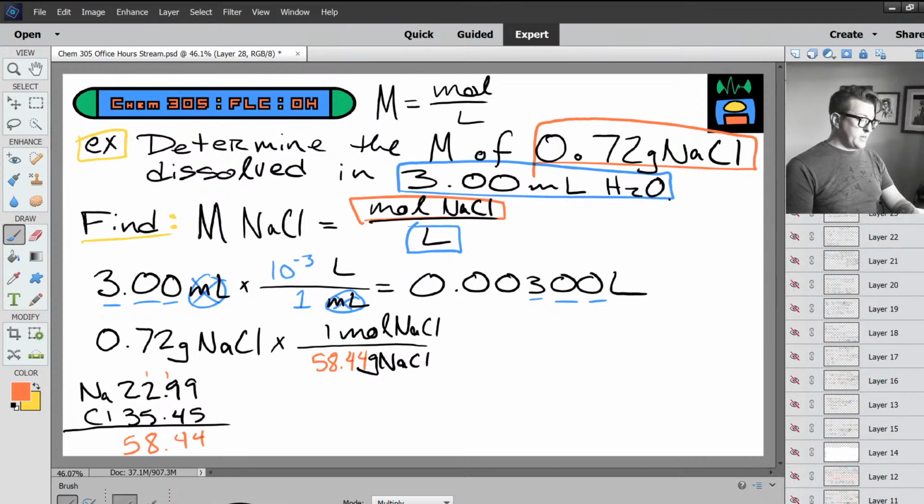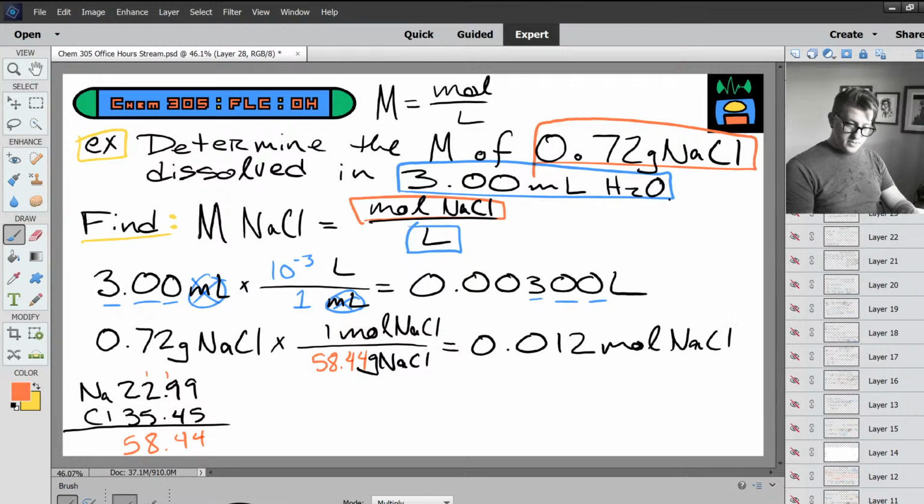So we take 0.72, divide by 58.44, crunch our numbers, comes out to be 0.012 moles of sodium chloride.